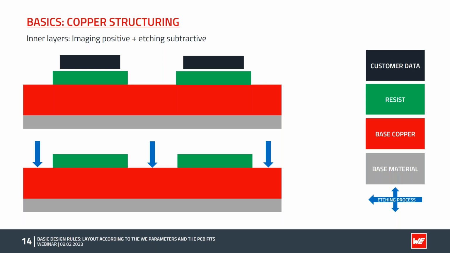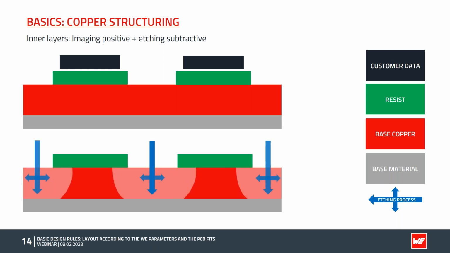So now the etching liquid can attack the copper, and the copper is protected by the green resist in some areas. And as the etching process not just etches vertically, but it's called isotropic, so in all directions, we also have an under etching under the green resist.